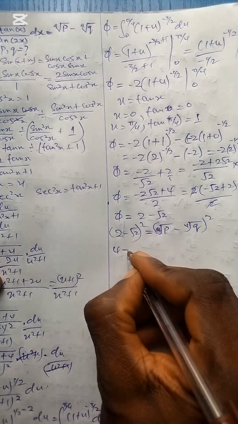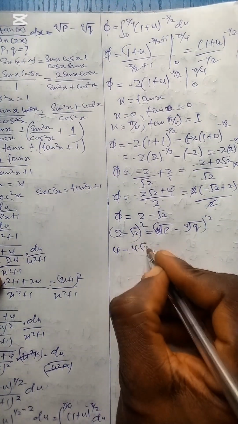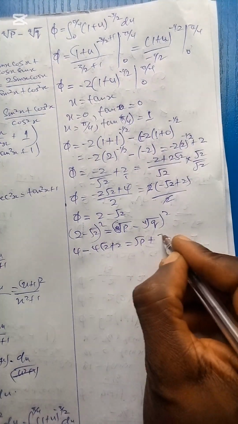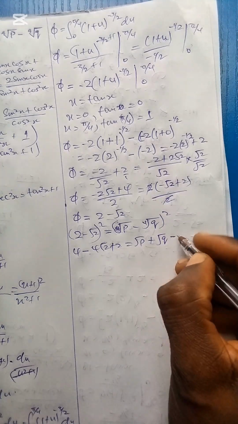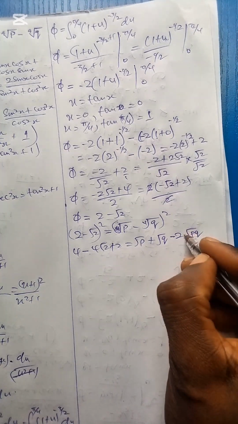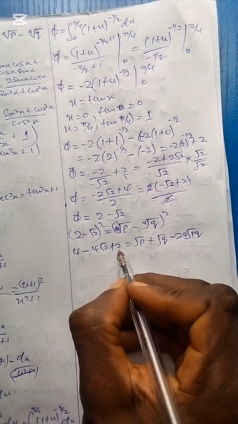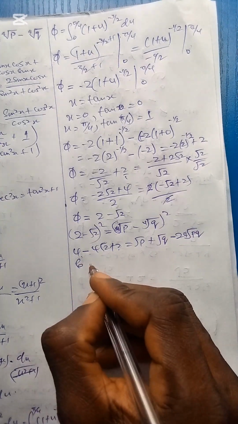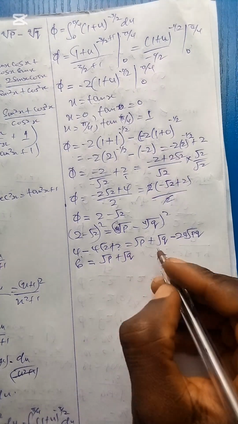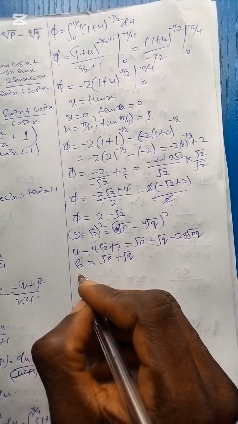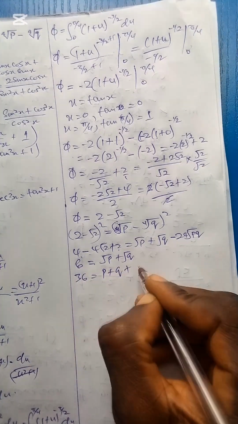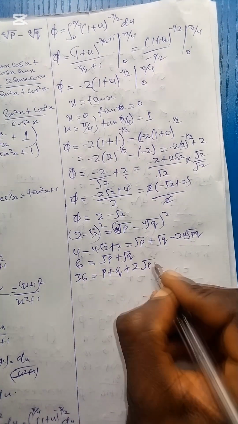This is 4 minus 4 root 2 plus 2 is equal to root p plus root q minus 2 times the fourth root of pq. Now, I will add these two together. 4 plus 2 is 6. I will equate it to root p plus root q. And then square both sides. If I square both sides, I have 36 is equal to p plus q plus 2 root pq.